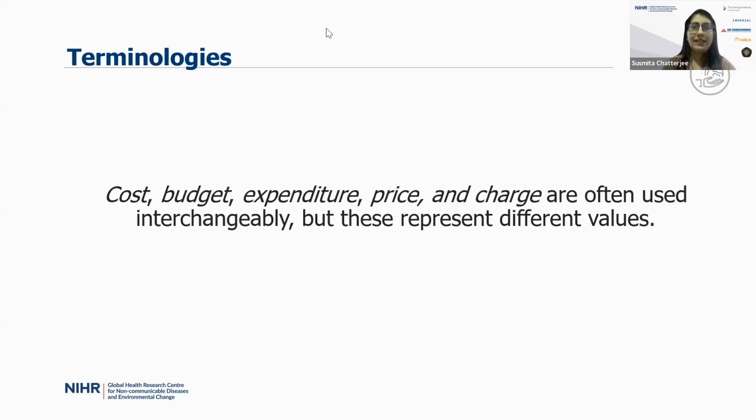When we try to calculate what is the cost of my time for today's session, that's the cost. That's not the price. That's not my whole salary. That's the difference between the whole thing and the valuation. It's not always equal.